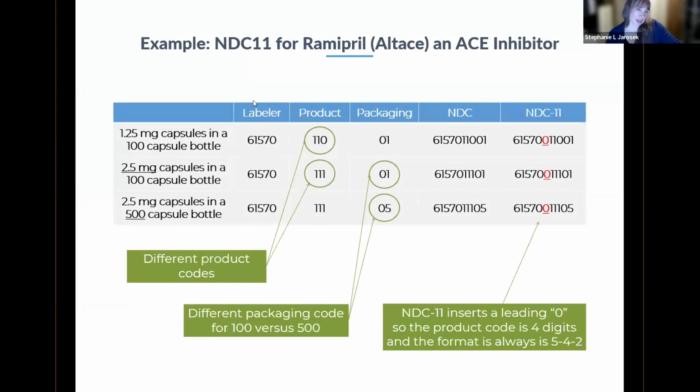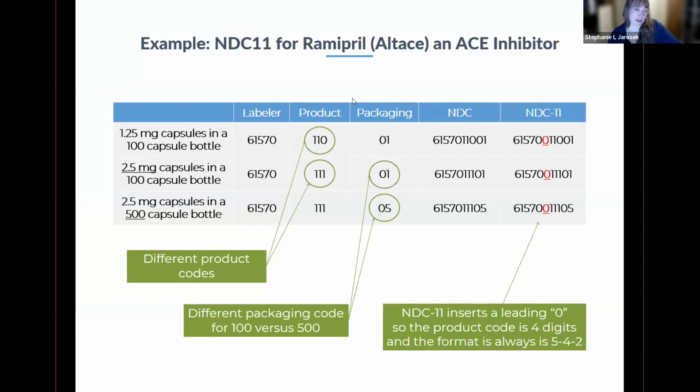So what does this look like? If we're looking at Altace, which is an ACE inhibitor, NDC codes are very specific to not only the drug, but the dosage and the packaging. So when we have this, we have all the same labeler. So these are all coming from the same labeler. So your product will be possibly different, even from the same labeler.